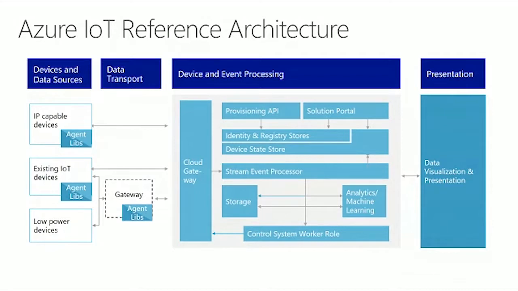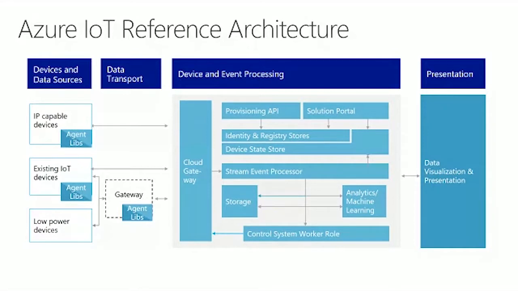How do I send them actions? And how do I preserve the state of a device? Even if it's a firmware thing or a setting related to a device, how do I make sure the state that the device knows and the state that I know in the cloud about the same physical device is the same, is synchronized?